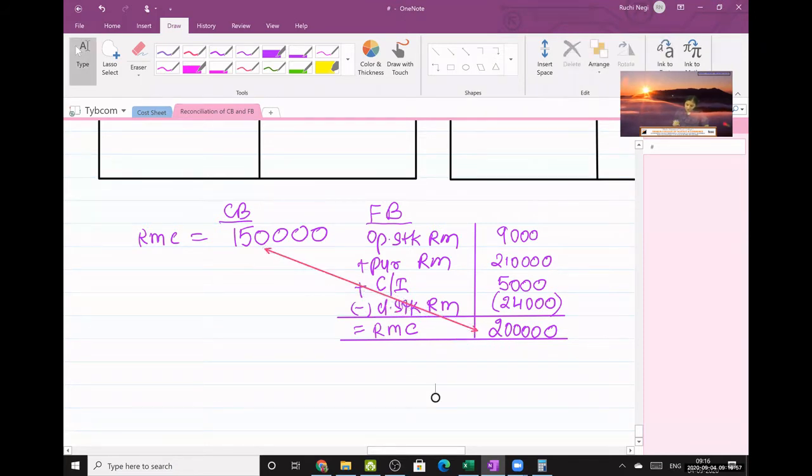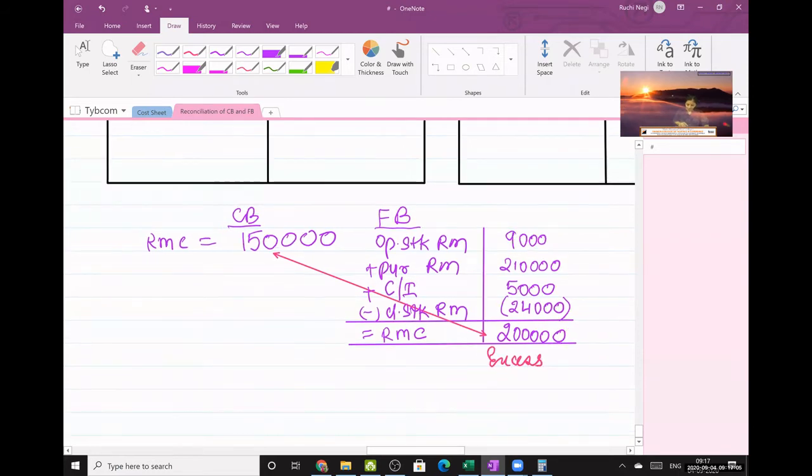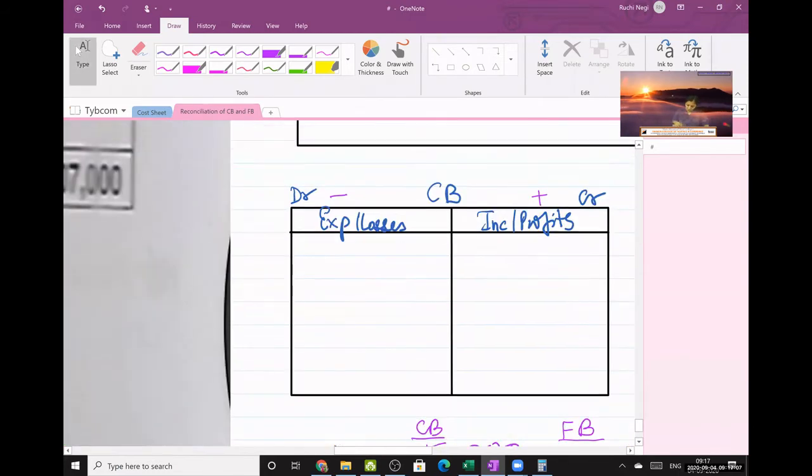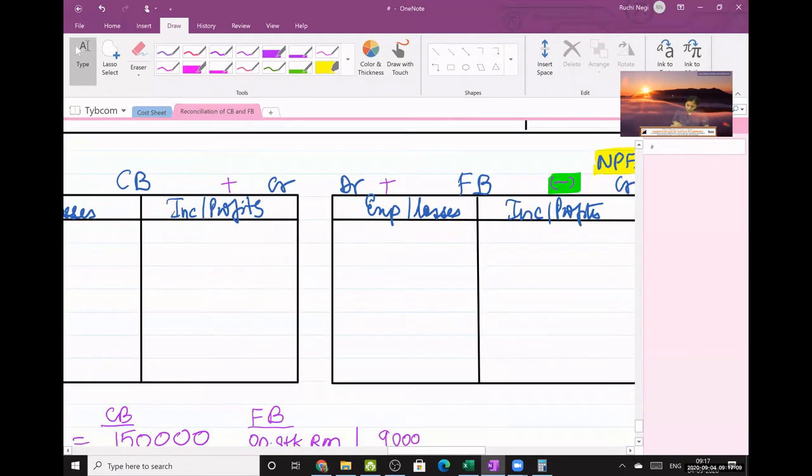Just see the difference. It is excess here. So can I write here excess? Yes. So in finance books, record here.